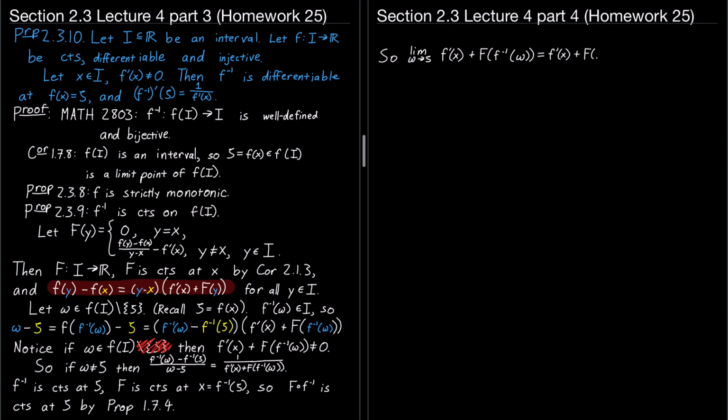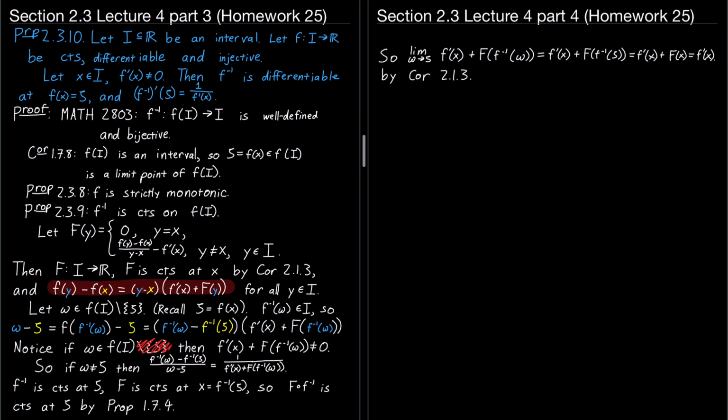Then that's big F of f inverse of zeta, and that's f prime of x plus big F of x, which is just f prime of x. And this is all by corollary 2.1.3, and because big F is continuous at x and is also 0 at x.